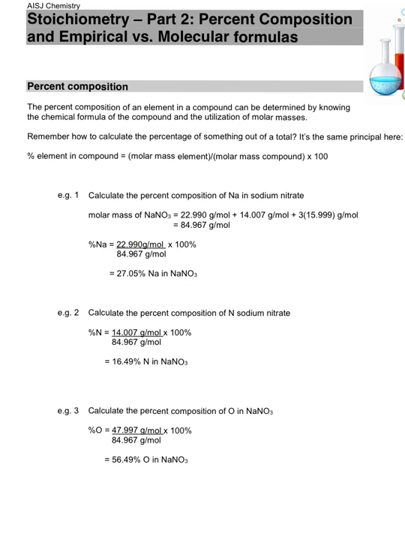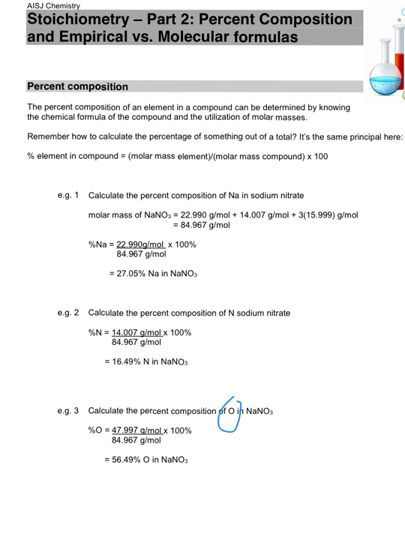We can do the same thing to figure out the amount of nitrogen in sodium nitrate. So we take the molar mass of nitrogen divided by the total molar mass of the compound times 100, and we get that there is 16.49% nitrogen in this compound. Similarly, we can do this math with oxygen.